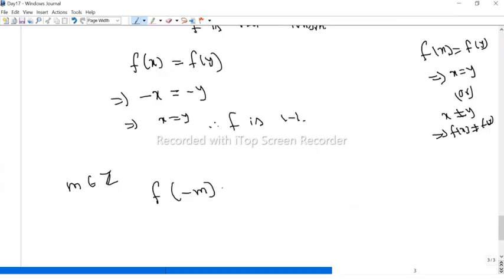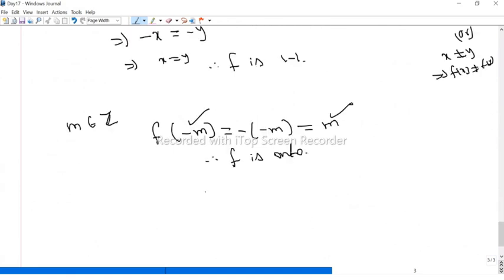Therefore, f of minus m by the definition is minus of minus m, which is m. So for any m in the codomain, we can find a minus m in the domain which maps to it. Therefore, f is onto. So f is both one-one, onto and a homomorphism. Therefore, f is an isomorphism.